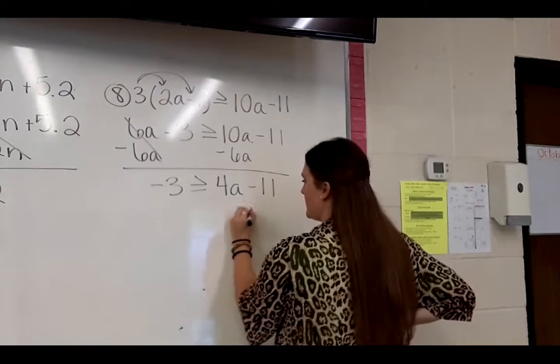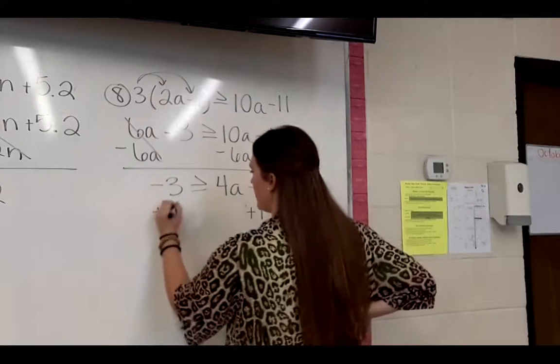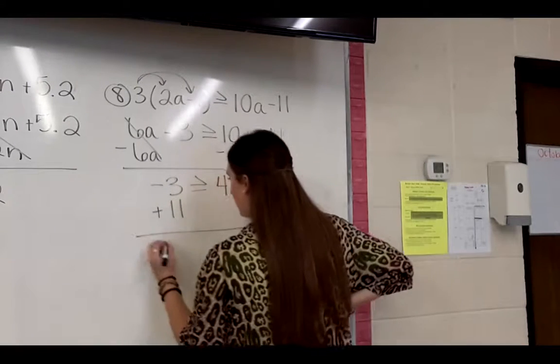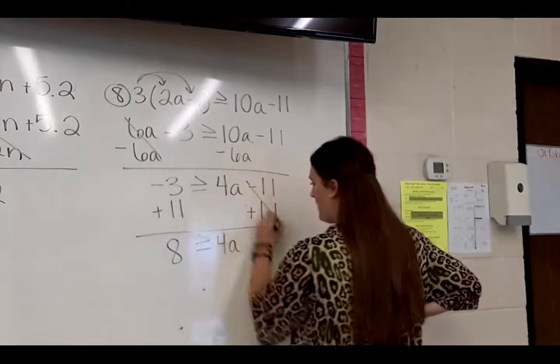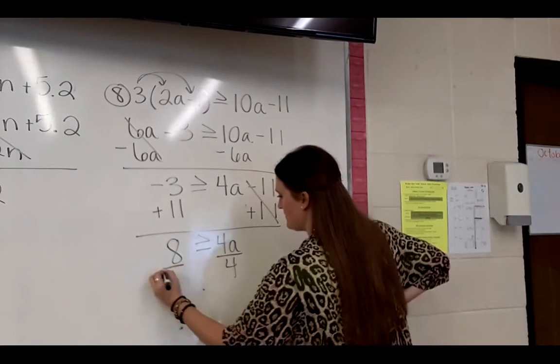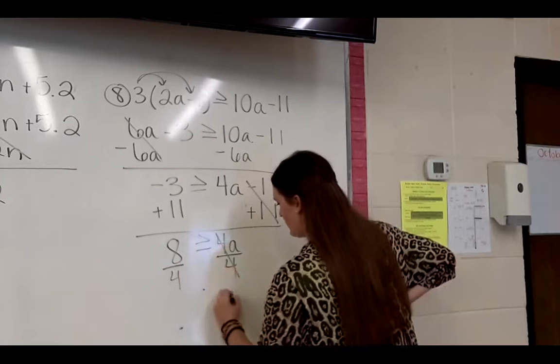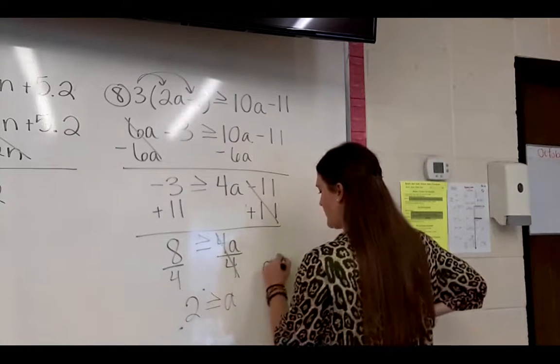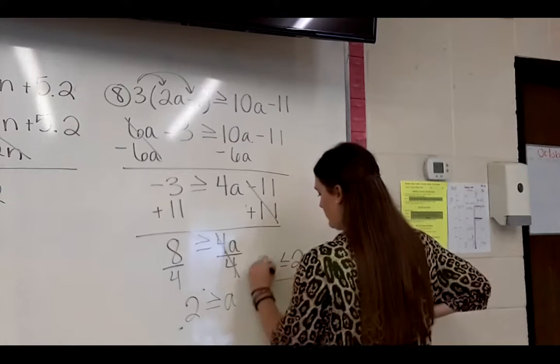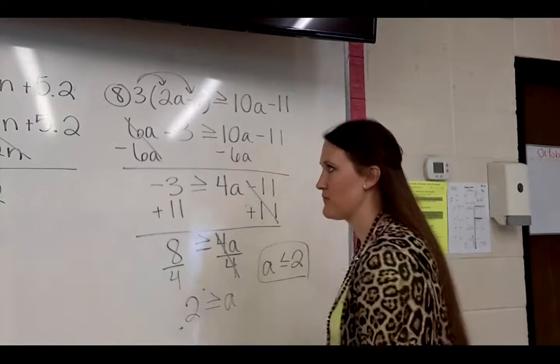Now we're solving for a. So I'm going to add 11 to the other side. That is positive 8. It's greater than or equal to 4a. I divide by 4. And 2 is greater than or equal to a, which is the same thing as saying a is less than or equal to 2. Either one.